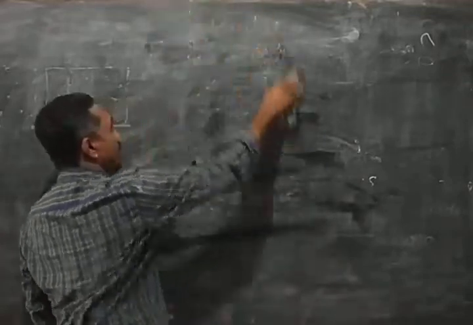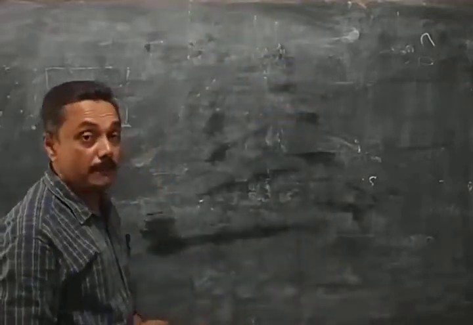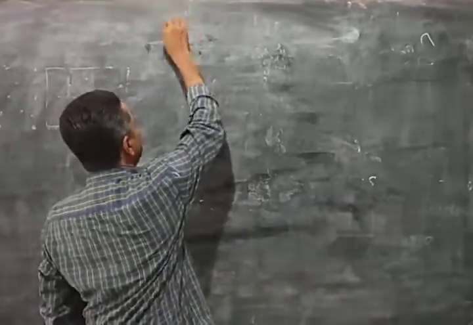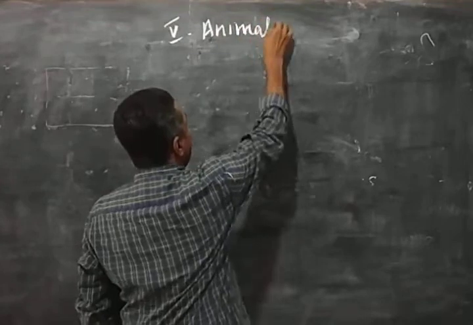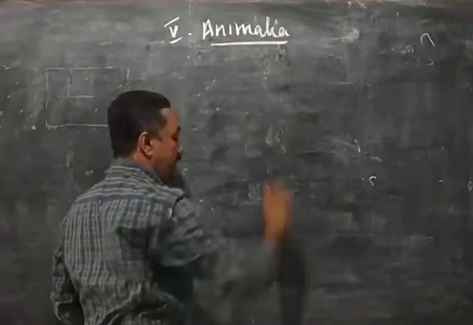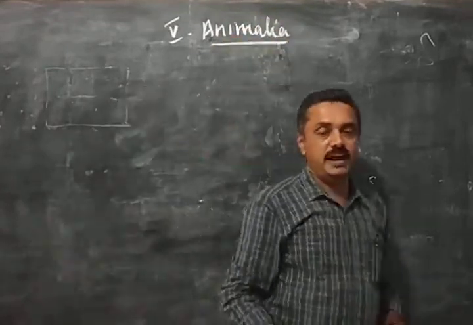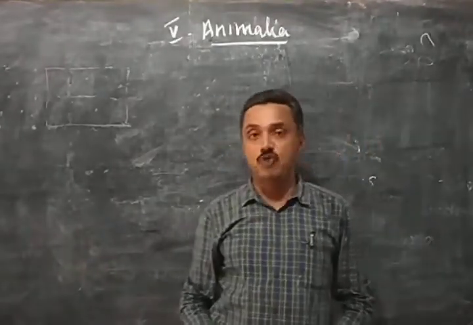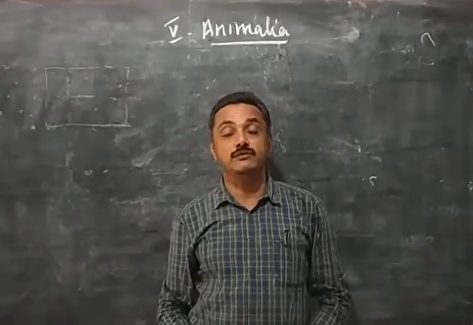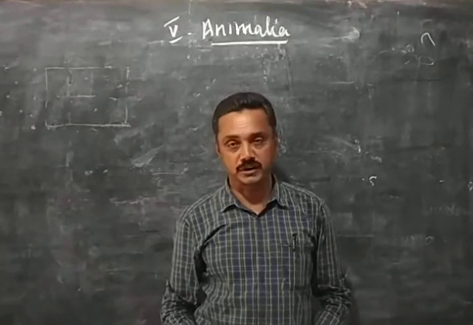And we come to the last kingdom according to Whittaker, the 5th kingdom, called Kingdom Animalia, the animal kingdom. This is supposed to be the last evolved and most highly advanced kingdom according to evolution.